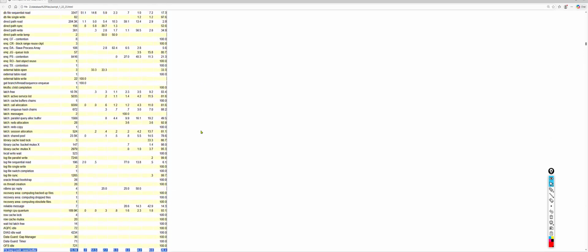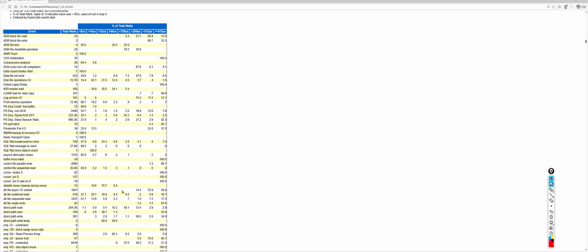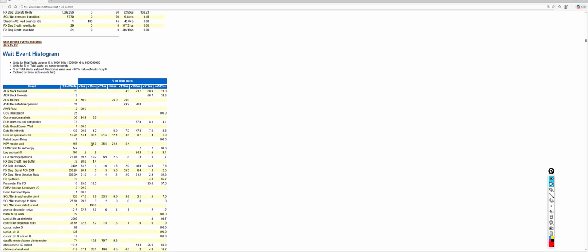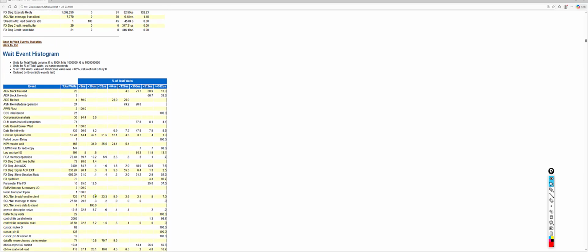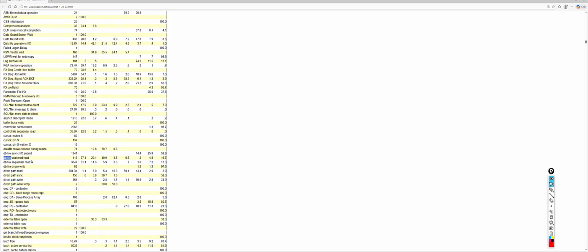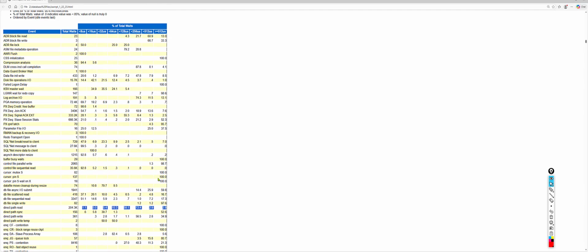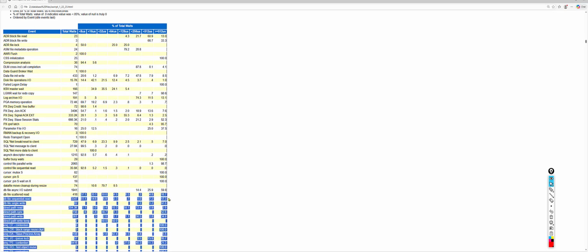Comparatively, you just see which wait has more, for each and every bucket. If you see direct path read and direct path sync, each and every bucket is filled. Also DB file scattered read and DB file sequential read, all these buckets are full.